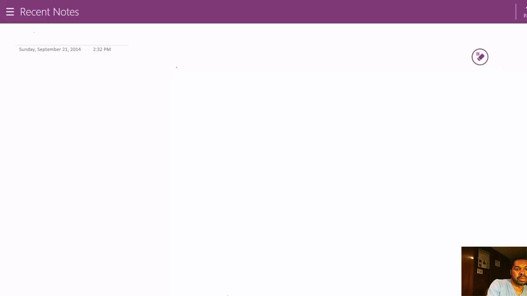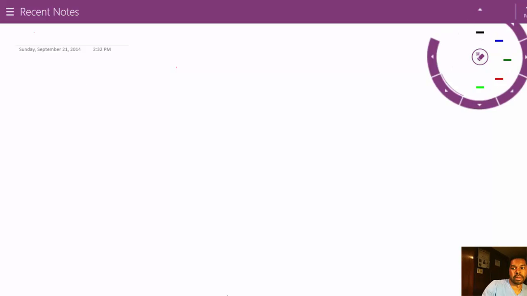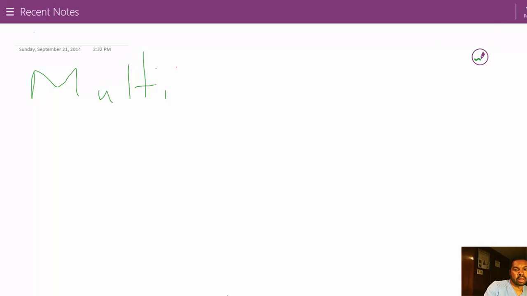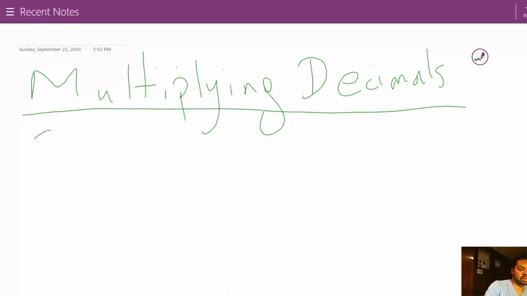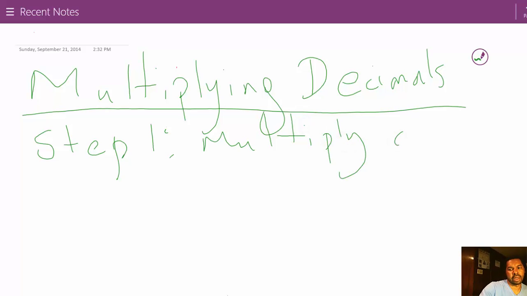So, multiplying decimals. Okay, so these are the steps that you just need. Just 2 steps. So step 1, multiply as regular whole numbers.